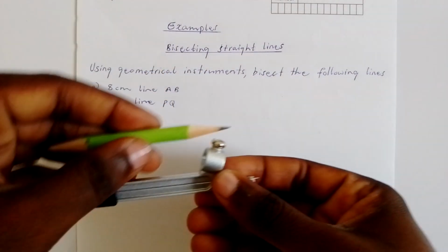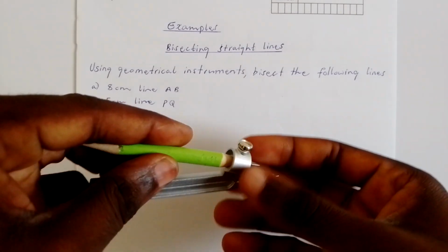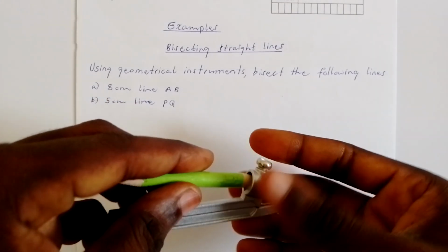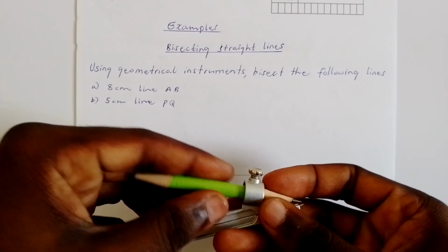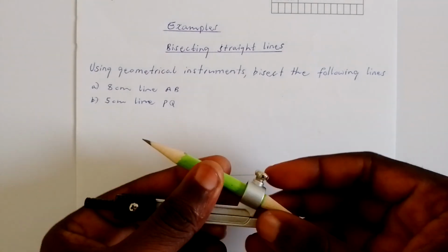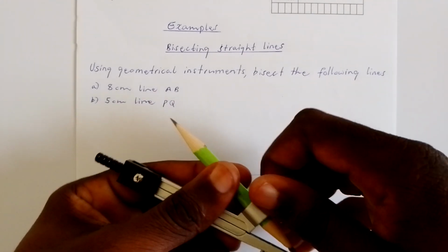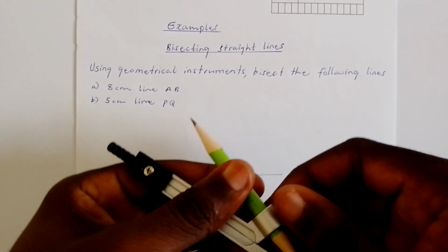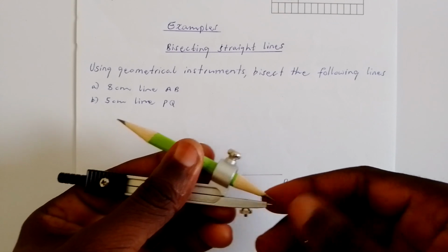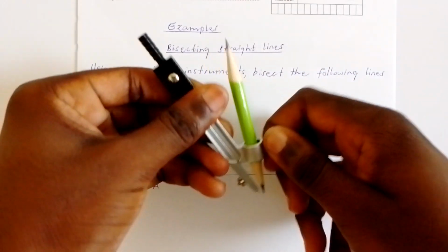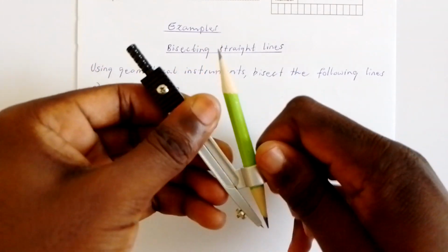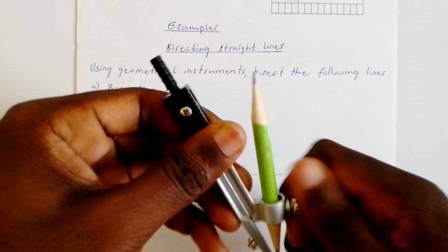Okay, so I'm going to put this pencil inside the compass there. So you unscrew and then you screw to make sure that it is firmly held in there, like this.